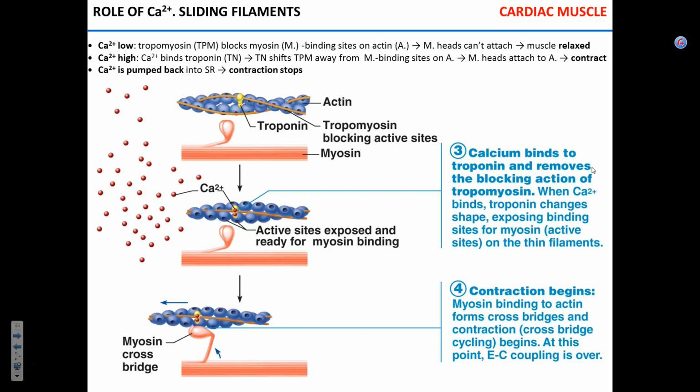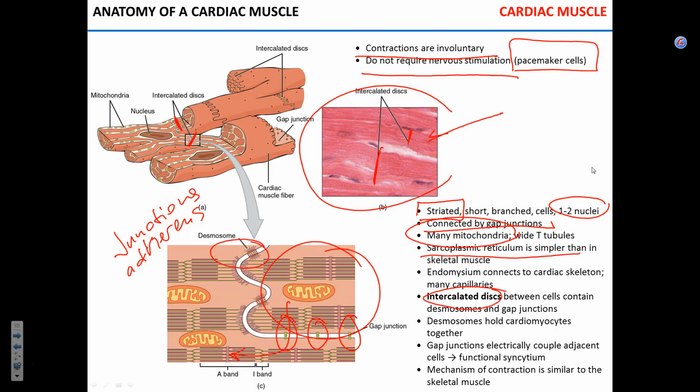Now the mechanism of contraction of cardiac muscle is similar to that of the skeletal one. And this is a short reminder of the mechanism of cardiac muscle contraction. We're going to start with a discussion of the sliding filament model. Actually, I will go here and we'll address this focusing on the sarcomere.